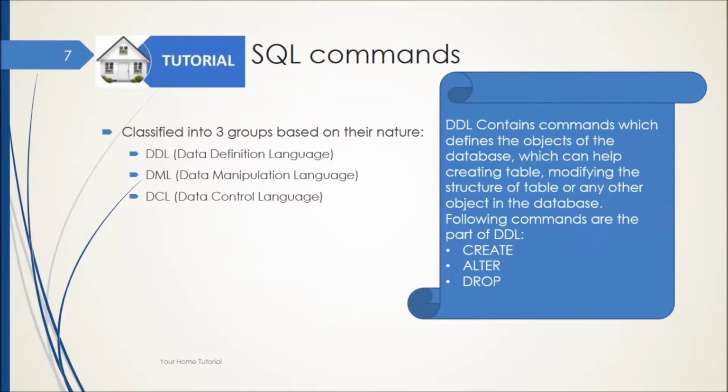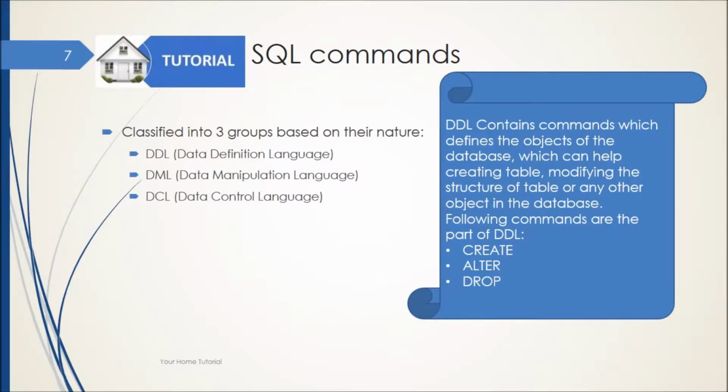So data definition commands are basically related to the commands which can manipulate an object in our database, whether it is a view, table, or any other object we have in our SQL or in our databases. There are 3 basic DDL commands, which are create, alter, and drop. Create is used for creating a table or a database or view or any other object.